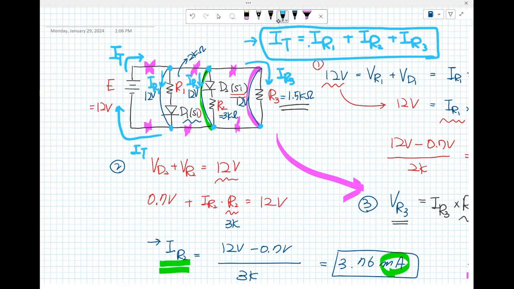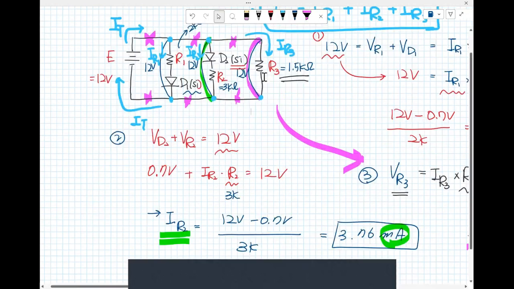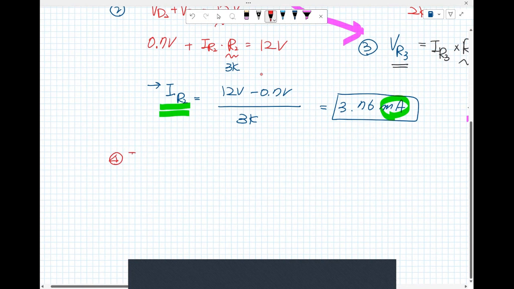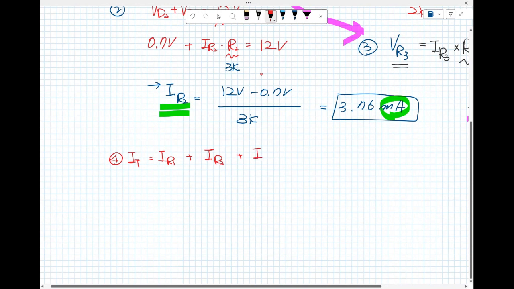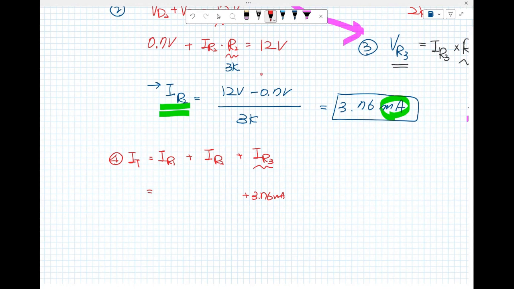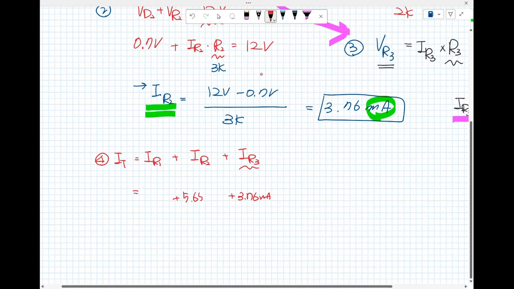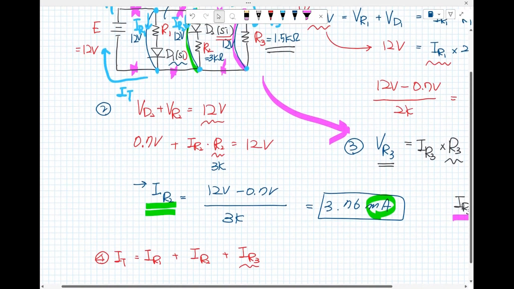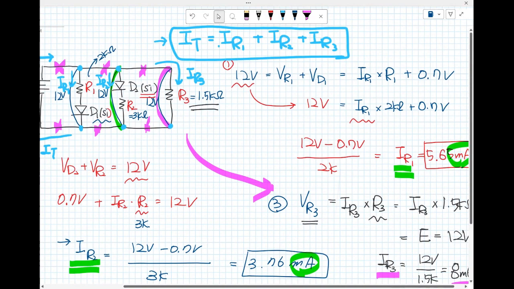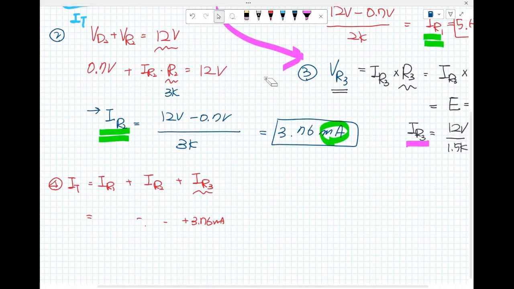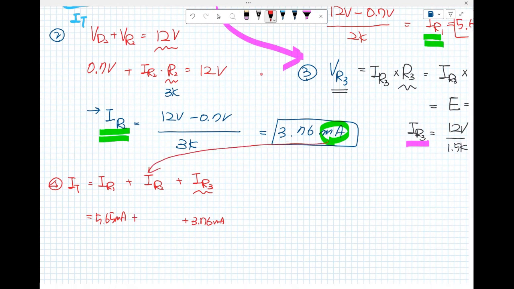So now in here we can find the I sub t. I sub t is I sub R sub 1 plus I sub R sub 2 plus I sub R sub 3. I'm sorry, this is the 5.65 milliamp plus the I sub R sub 2 here, 3.76 milliamp.